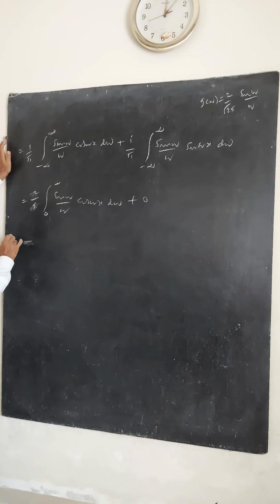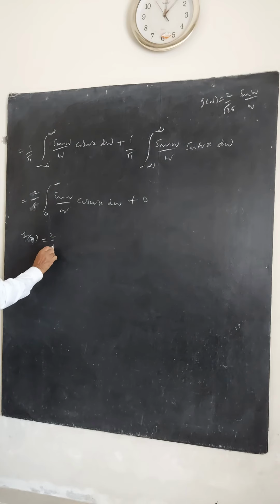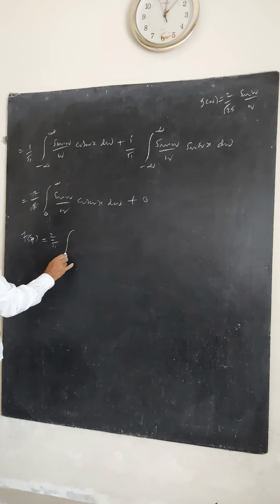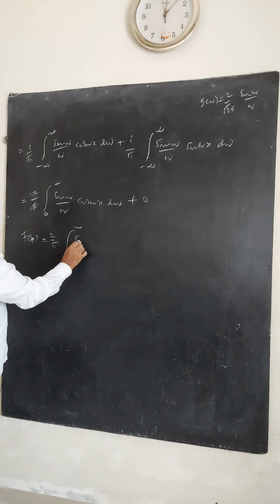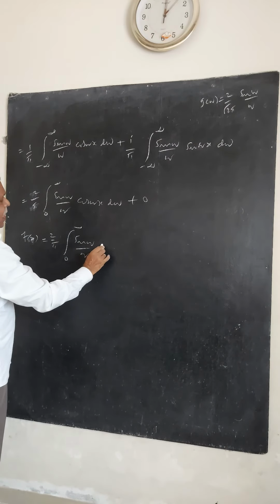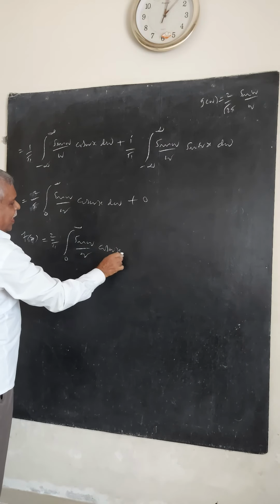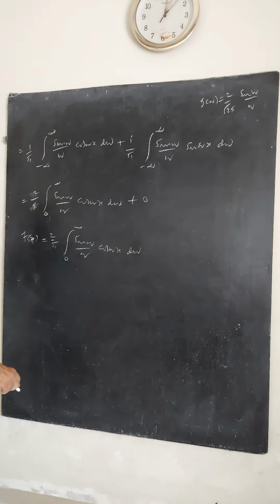Therefore, this is f of x. We started with f of x: f of x equal to 2 by pi, 0 to infinity, sin omega by omega cos omega x d omega.